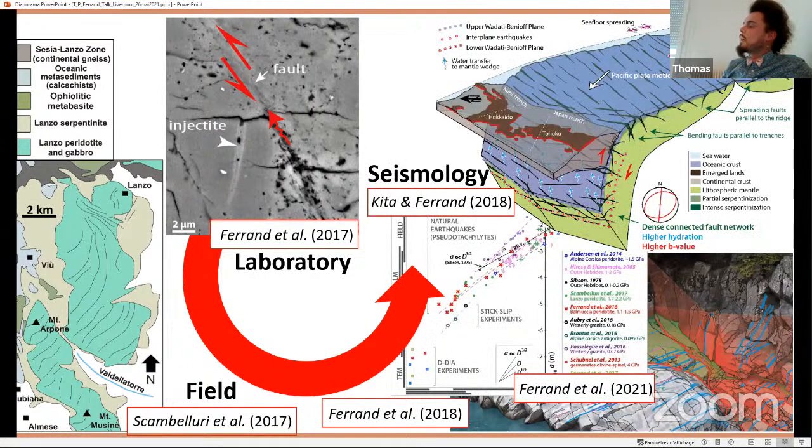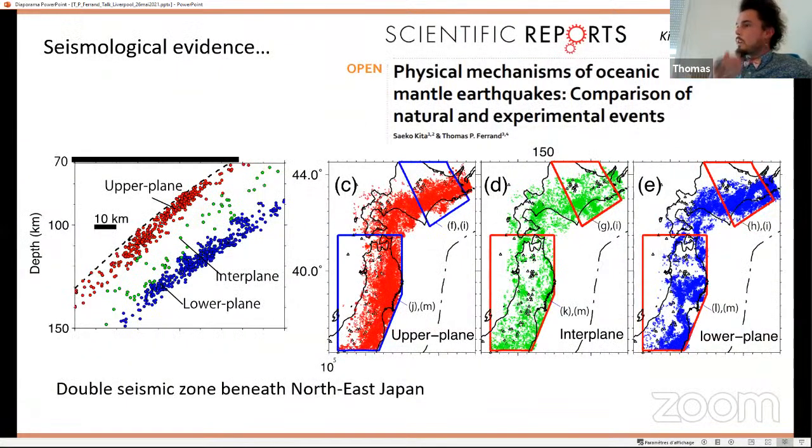So then you can go to the field in another way. You can work with seismologists and compare the acoustic signals you get in the lab with the seismological evidence. So this was the work we did with Seiko Kita in 2018.